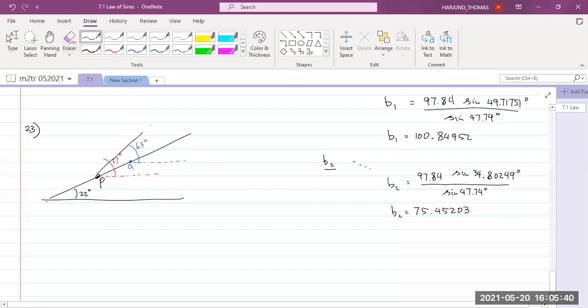I hope that's better. Okay, and the length here is 100. Approximate the distance from P to the airplane.